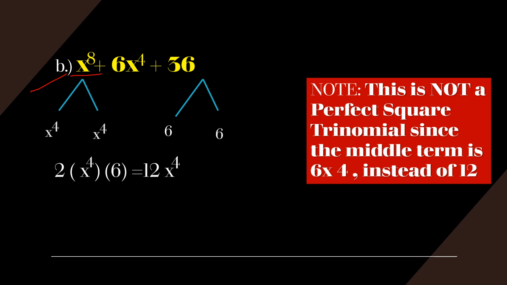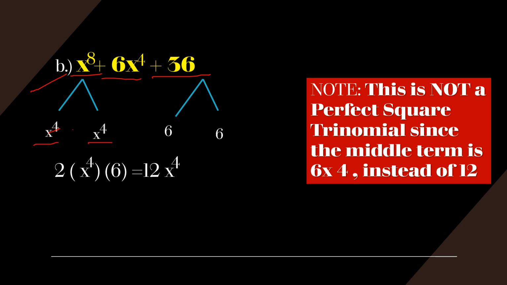So x raised to 8 plus 6x raised to 4 plus 36. We're going to see here the square root of x raised to 8 is x to the 4. So I'm going to double that, so times x to the 4.